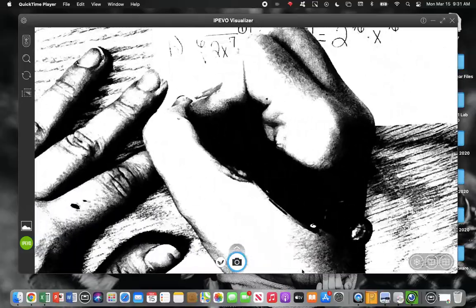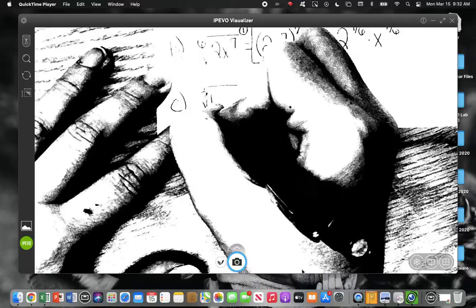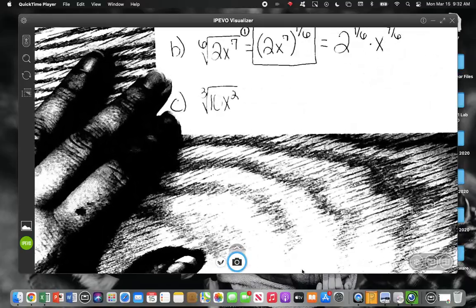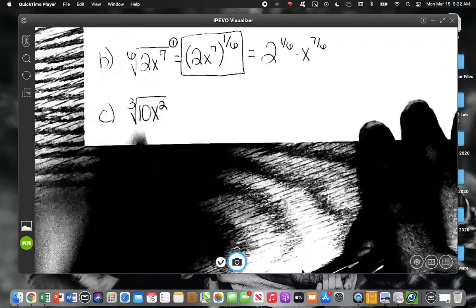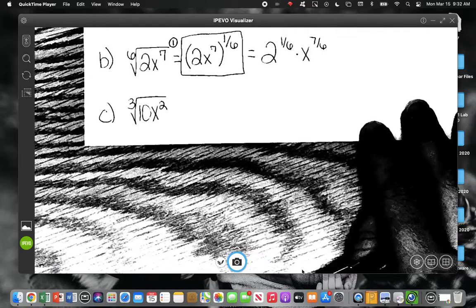Now for the last one, I want you to try this one on your own. Sorry, it's not focusing. There we go. Cube root of 10x squared.